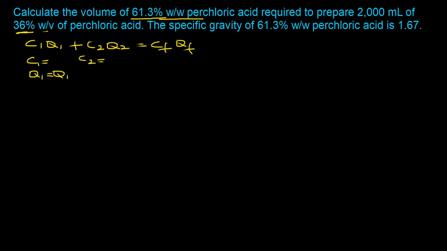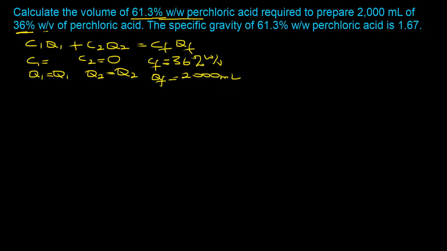Now our C2 is going to be more likely water or a diluent which has no perchloric acid in it by implication, so the concentration will be 0. And then Q2, we don't know that, but that will also be Q2. And C final is going to be equal to the 36% weight by volume. And your Q final is 2000 milliliters.